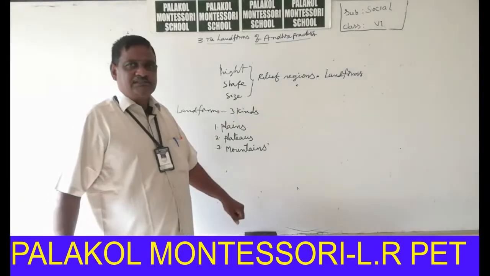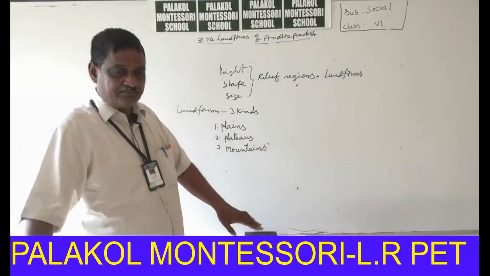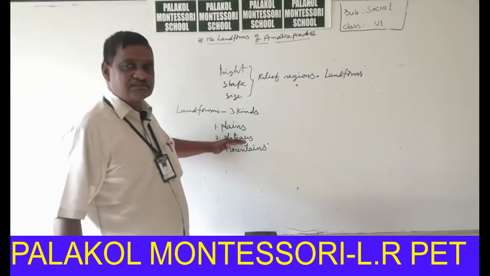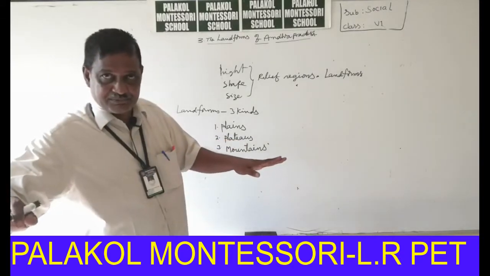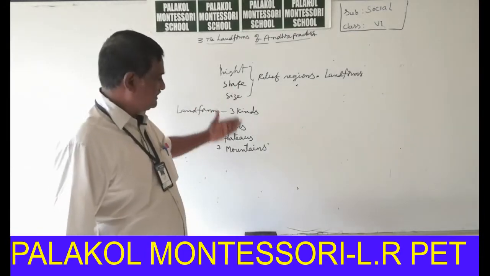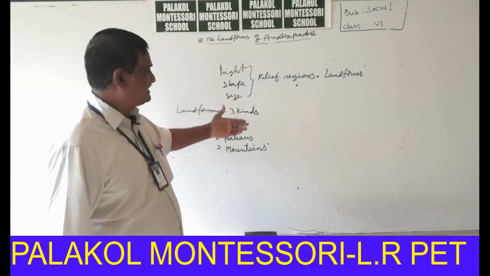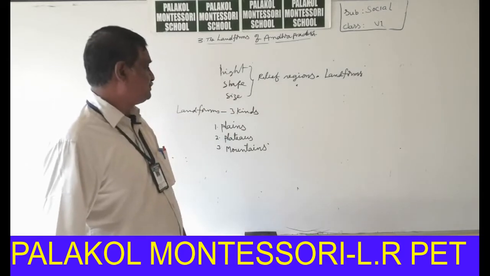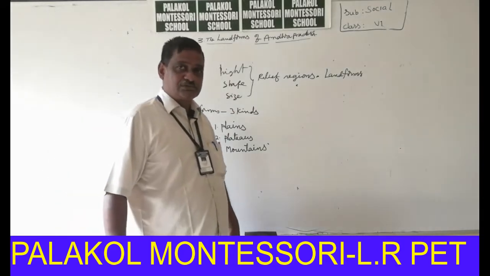What are called plains? What is their shape? What are called plateaus? What is their shape? And what is a mountain? What is the difference between these three, plains, plateaus, and mountains?